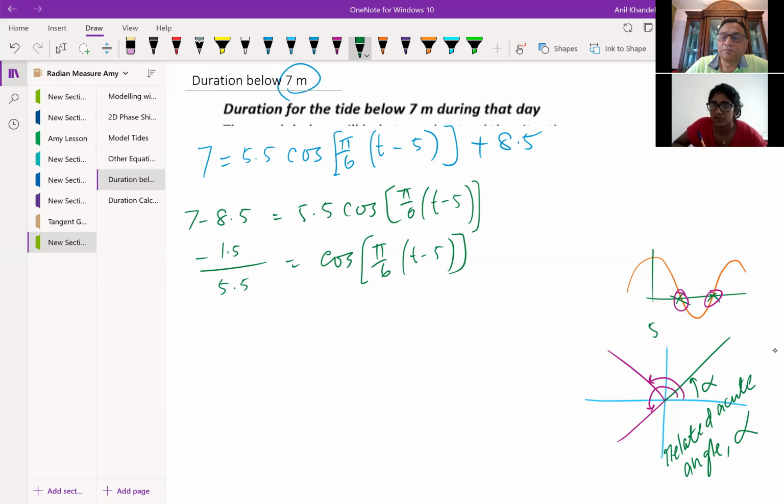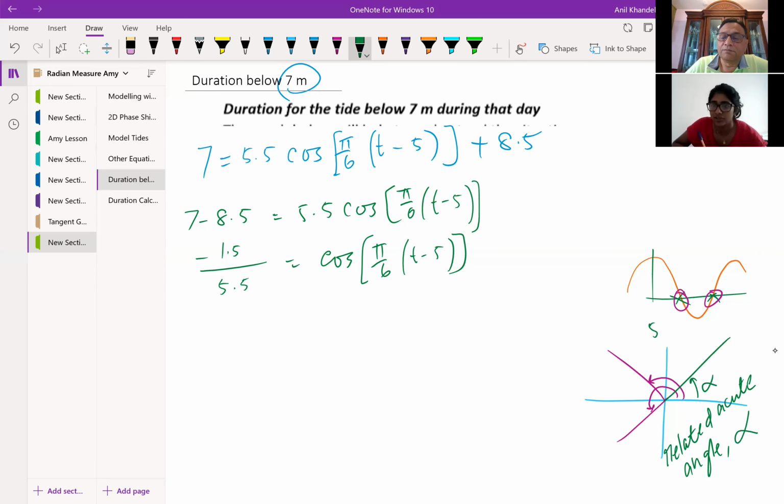The actual angles will be what? 180 plus alpha and 180 minus alpha. Perfect. Now, we'll say pi instead of 180 because we're working in radians. So pi plus 1.2945 is equal to pi by 6 times (t minus 5).